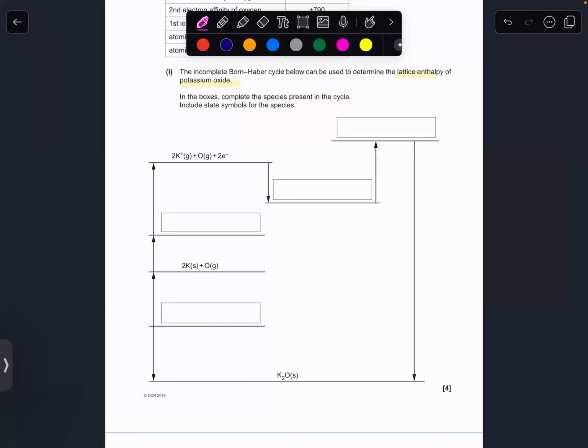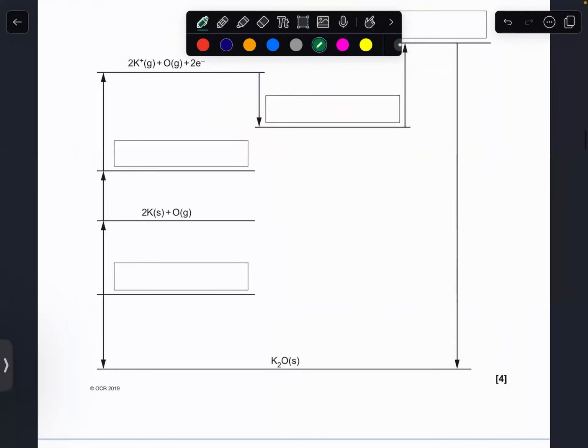Formation is where you're getting their elements in their standard state, reacting with each other to give you the product. This is your enthalpy change of formation.